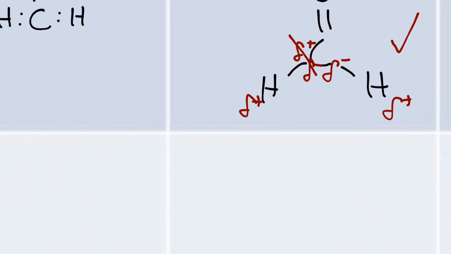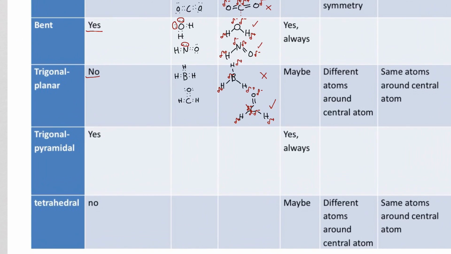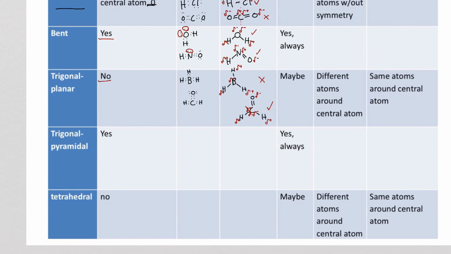Let's take a look at our next shape we have here. Trigonal pyramidal. So there are lone electrons around the central atom. And what that means is unshared electrons. Now this is going to make a triangular pyramid. So let's look at a few examples as far as dot structures. Ammonia, or NH3, is a very common one.